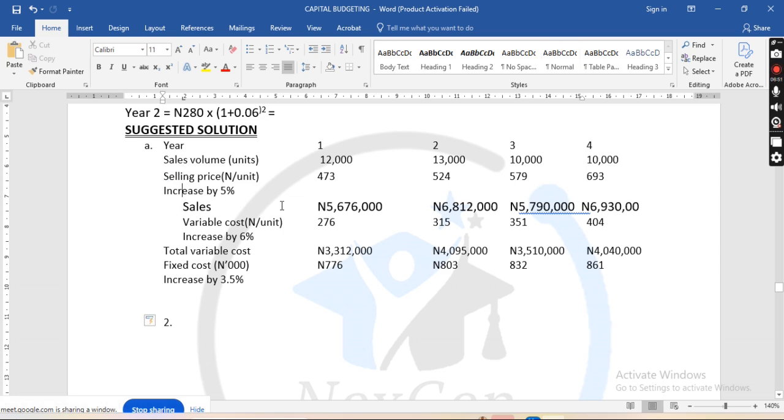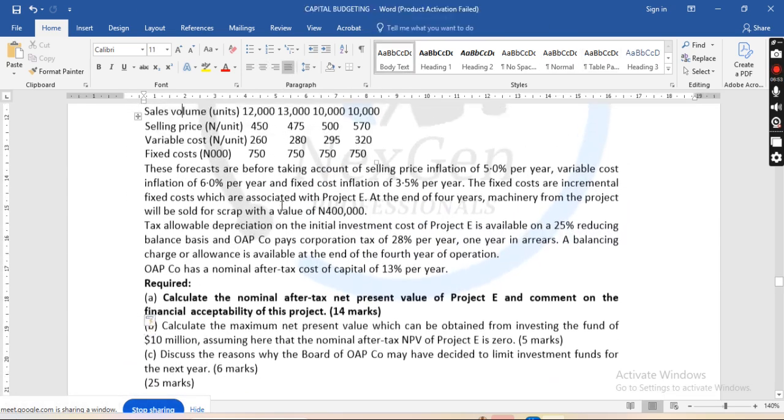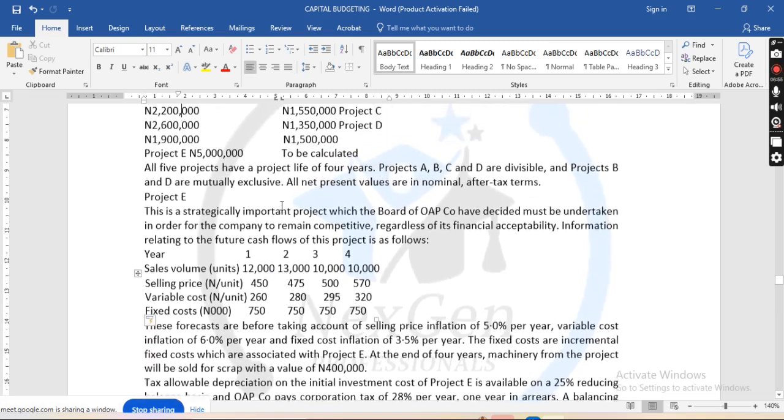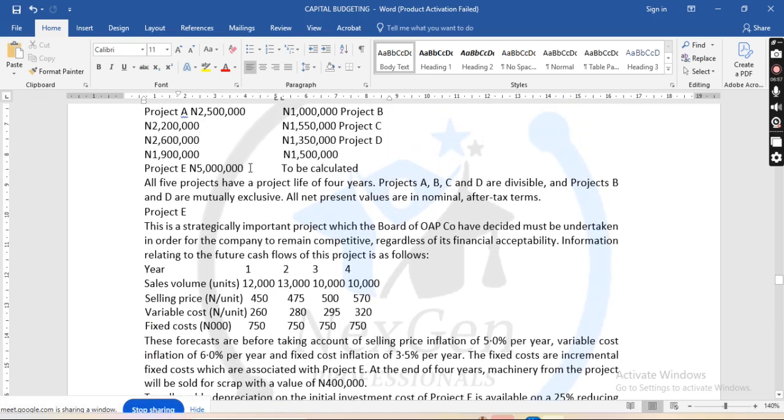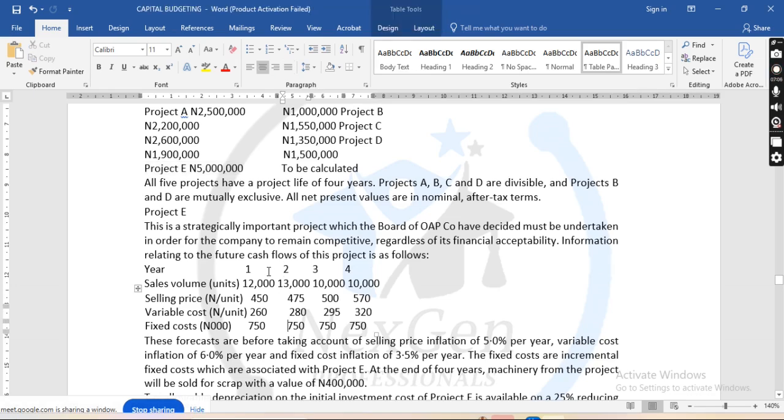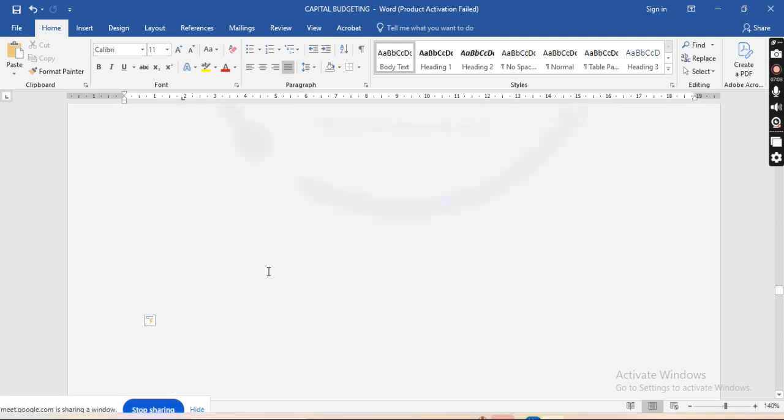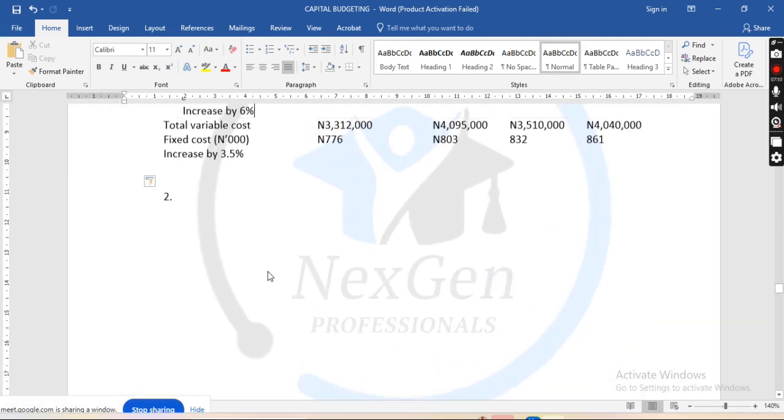So now, what is the cost? Let's quickly check. What is the cost of this asset for project E? It is 5 million. That is the cost of the asset. Now we do the usual.